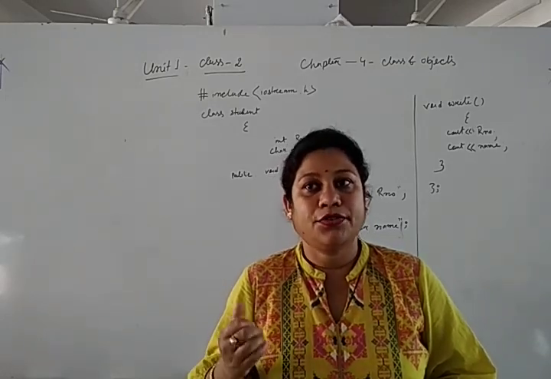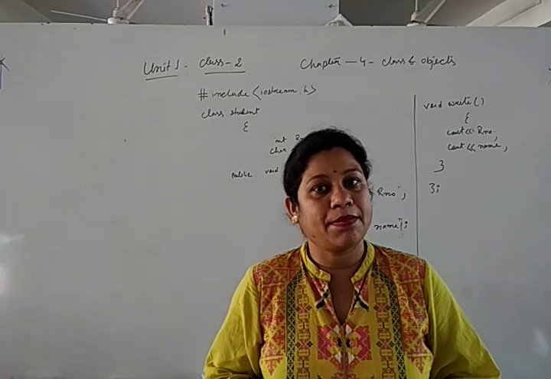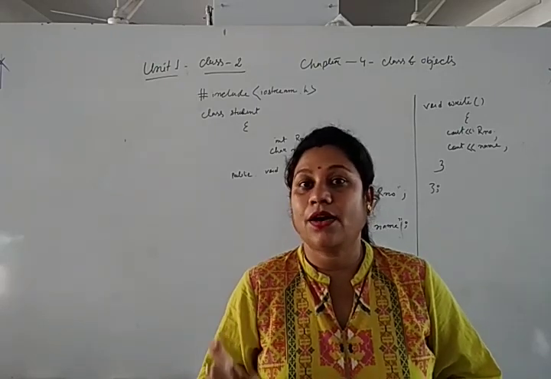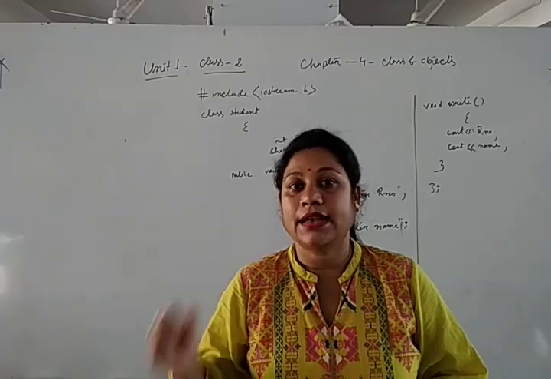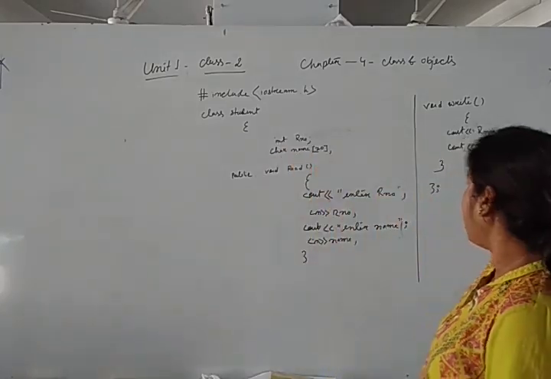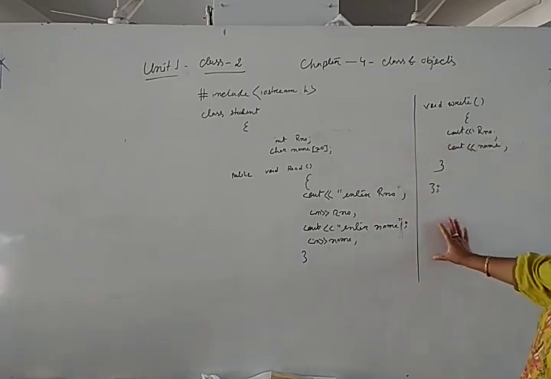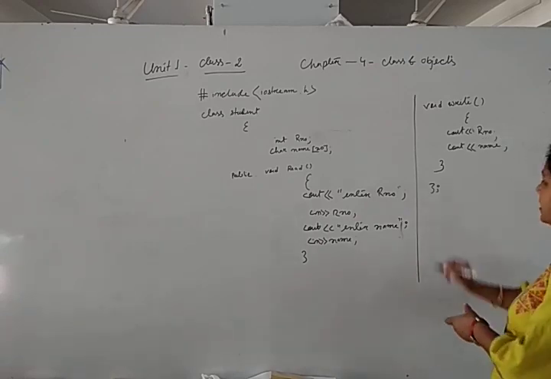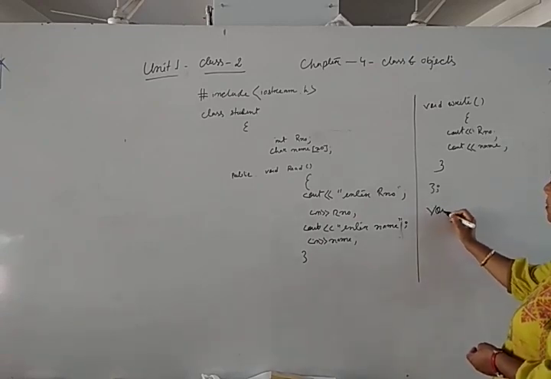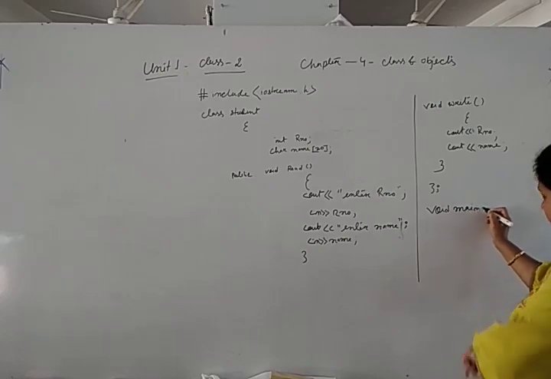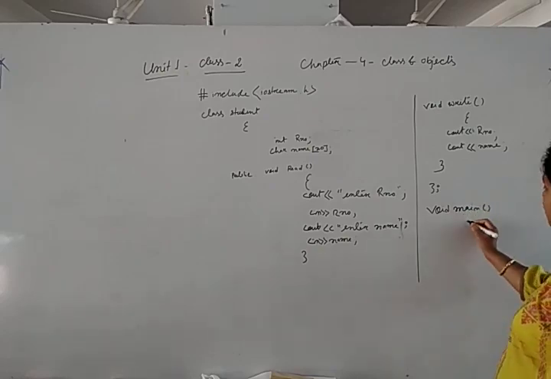After the creation and declaration of the member function, it is the time to declare the object of the class. Okay, now how to declare the object of the class? Now this is the class body, and after that, inside the main function, void main, begin.